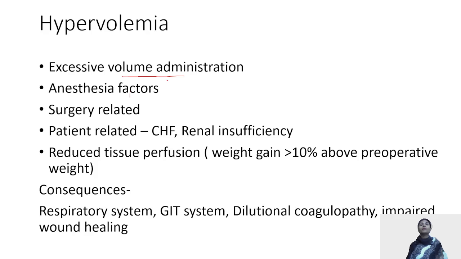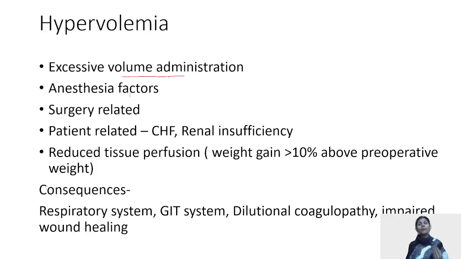For example, pulmonary edema. It leads to interstitial edema in the GI system. It can lead to dilutional coagulopathy, and lastly, it can impair your wound healing because it can lead to third space edemas. Then anesthesia factors. We always think that before giving spinal anesthesia, we have to preload the patient.